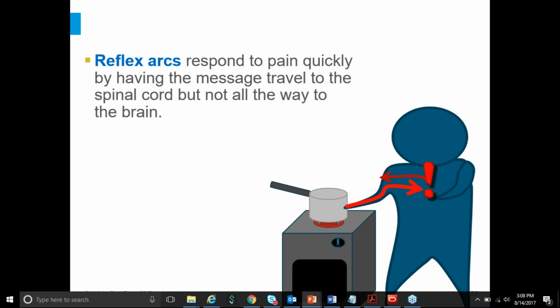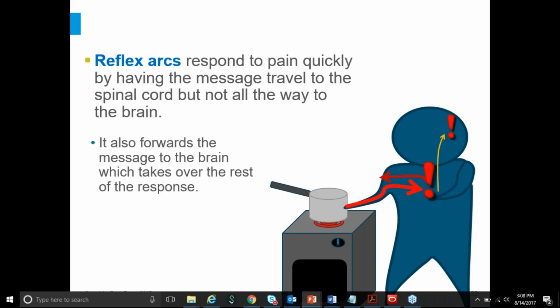It then also forwards the message to the brain so that your brain can interpret it as pain and your brain can take over the rest of the response. But the reflex arc is just from the spinal cord and back to the body part to make it happen really fast. And it's generally in response to pain because it doesn't want to waste any time with sending the message all the way to the brain.